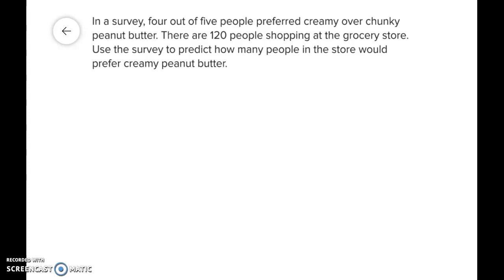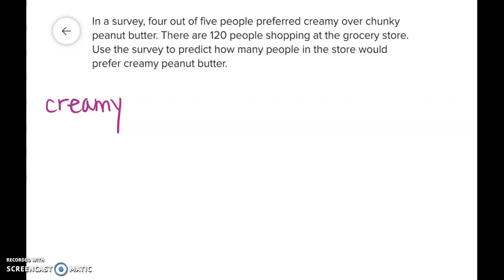So here we have people preferring creamy peanut butter compared to chunky peanut butter. So we're going to identify creamy. It says in a survey, 4 out of 5 people preferred creamy.